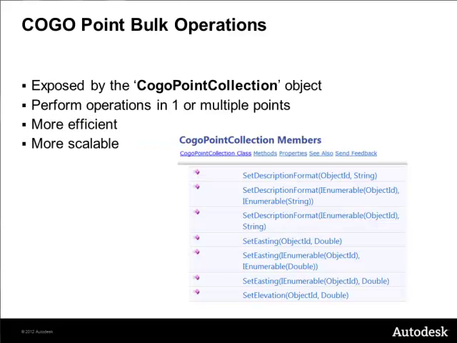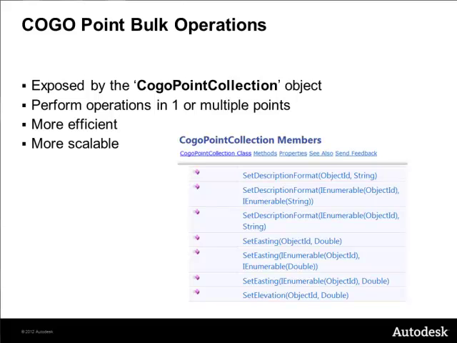Let's look into the Cogo Point collection object and bulk operation. Performance and scalability are two major factors which influence the design of the Cogo Point object in Civil 3D. The Cogo Point database object, or DB object, is a very simple object containing no data other than its graphical representation for display purposes.